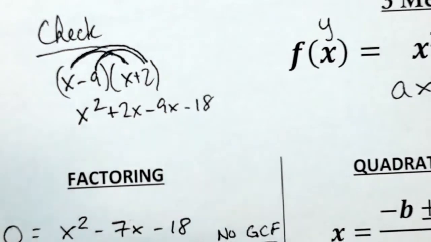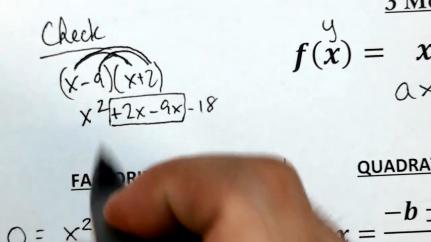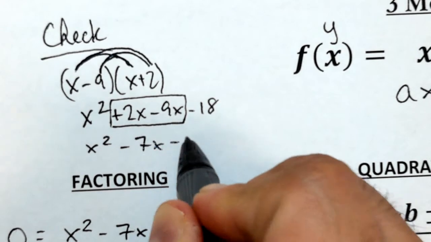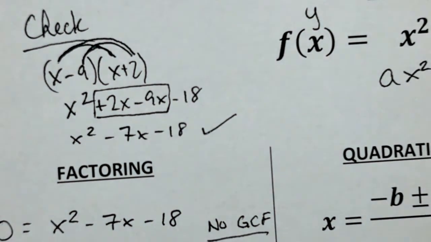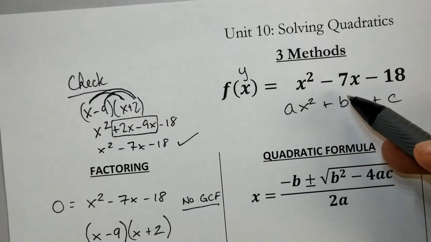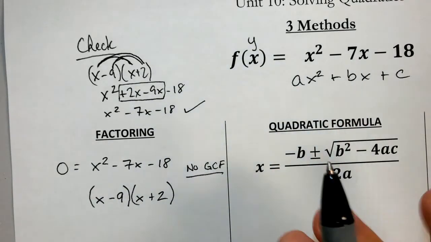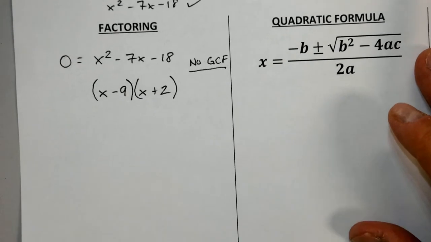As is usually the case, these middle terms are your like terms, and you'll combine them and get x squared minus 7x minus 18. It just so happens that it does match the equation we started with, as you can see right here. So we're good. You can check on your own. It's not a big deal if you don't, but it might be something you should consider.